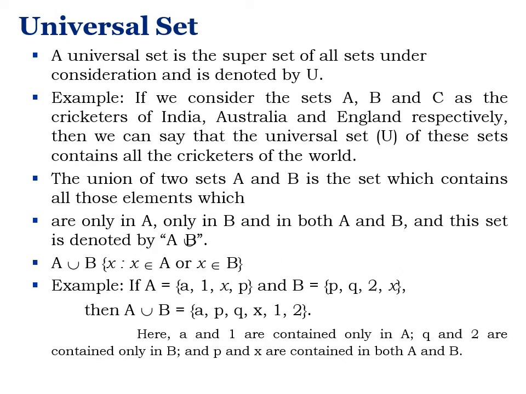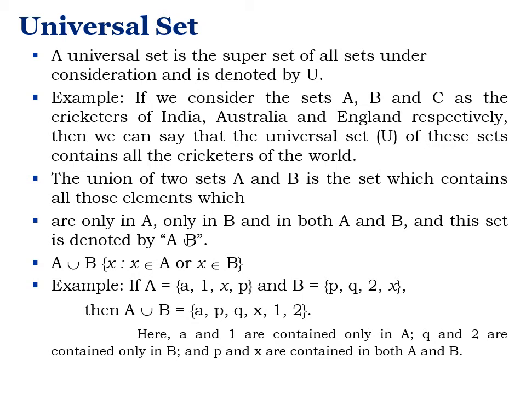Next, we have the universal set. The universal set is a superset of all sets under consideration, denoted by U. For example, if we consider the sets A, B, and C as the cricketers of India, Australia, and England, whatever country it would be, then we can say that the universal set U of these sets contains all the cricketers or players of the world.